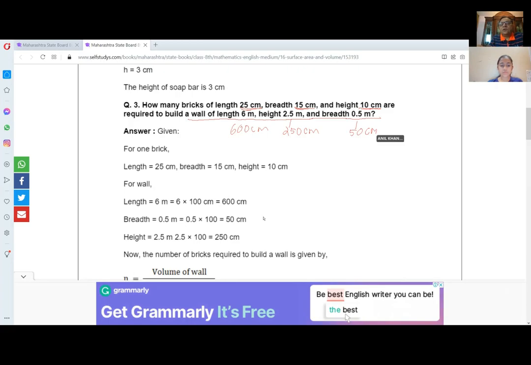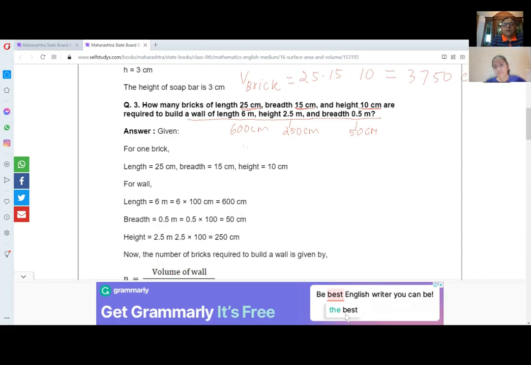Now you have converted all to centimeters, so what is the volume of the brick? It is 25 times 15 times 10, correct? Calculate: 25 times 15 times 10 is 3,750 centimeter cube.